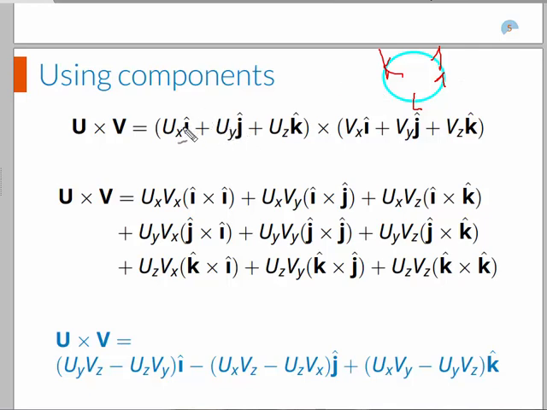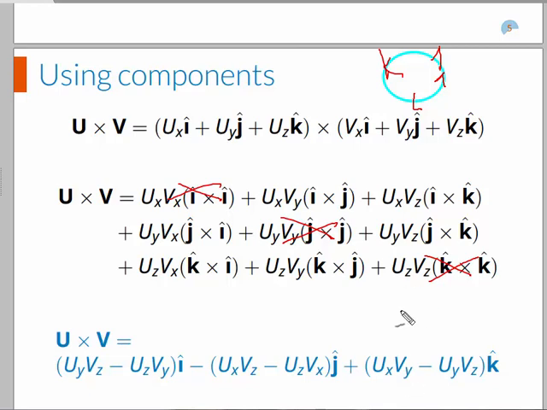The first thing, though, we can do is eliminate some terms. Cross product is 0 if vectors are parallel. Well, that of course applies to vectors that are the same. So i cross i is going to be 0, so all these terms go out. j cross j is 0. k cross k is 0. So that eliminates 3 out of the 9 terms.